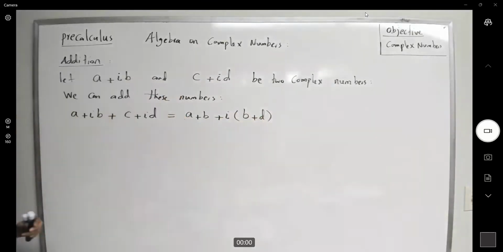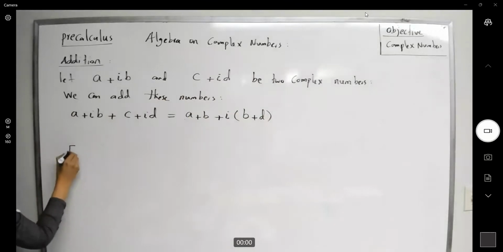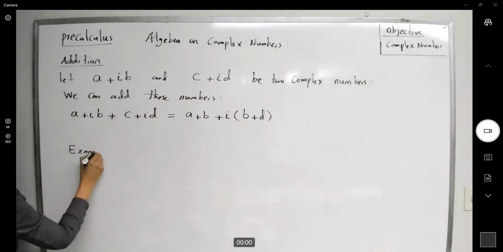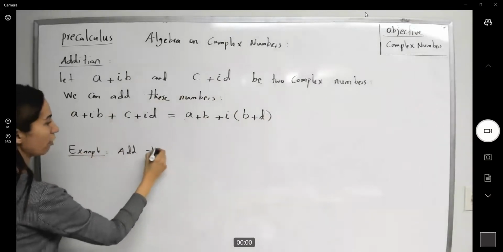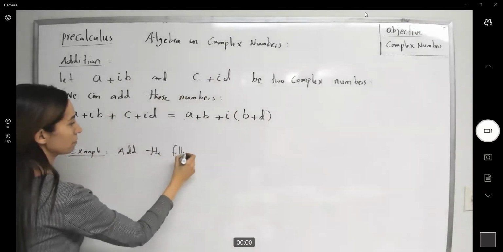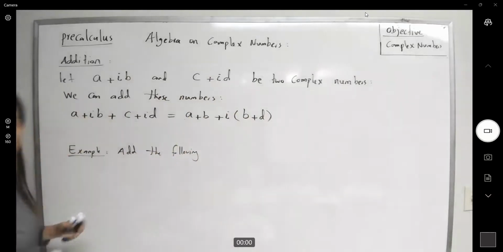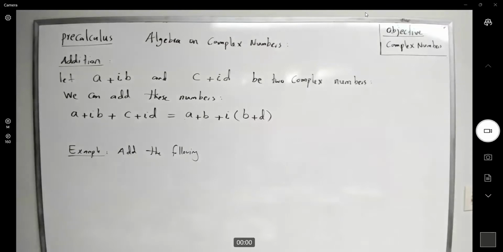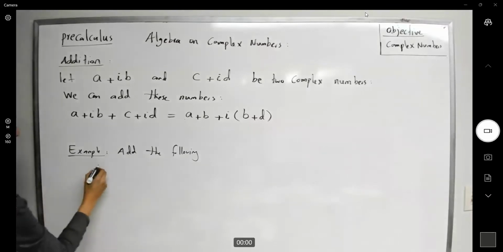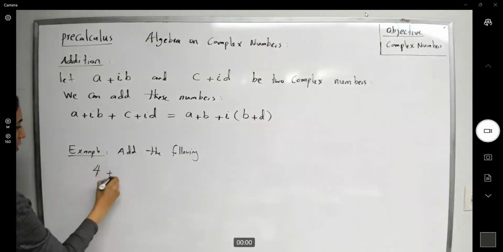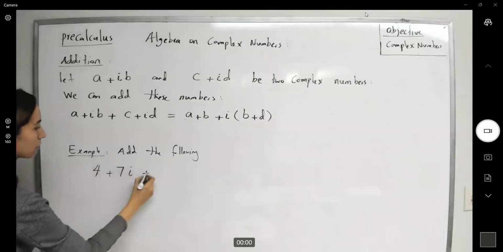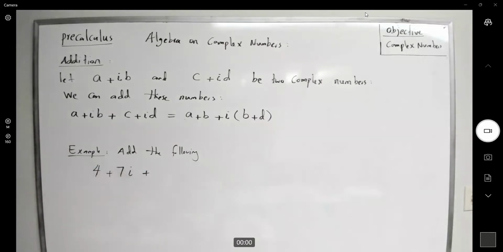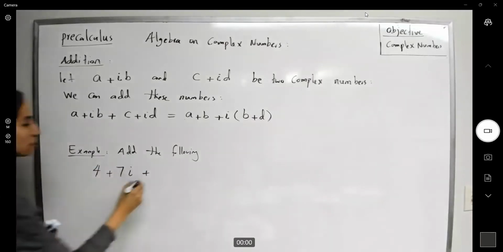Okay. Give us an example. Sure. Question says, add the following. Let's follow the note. We have 4 plus 7i, or i times 7, plus 1 minus 6i.